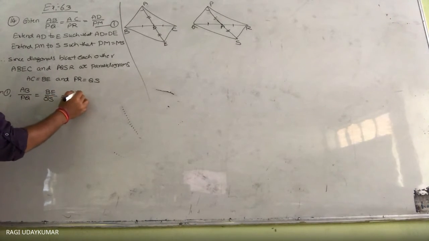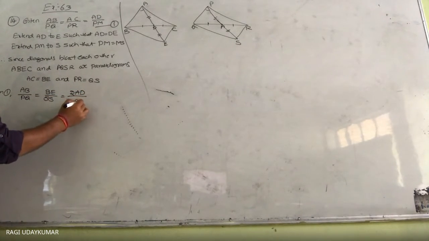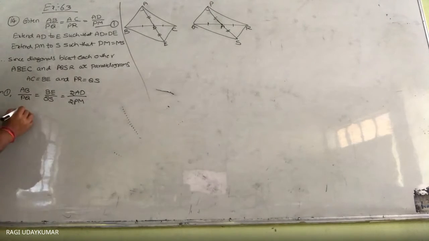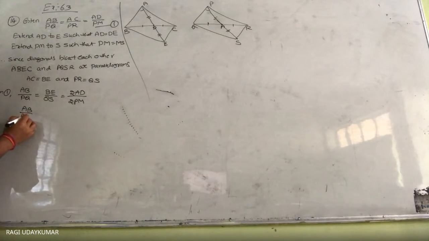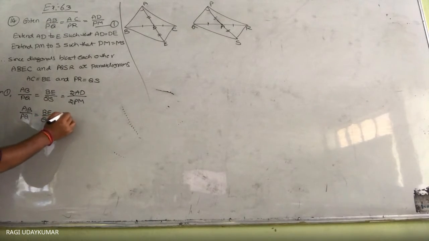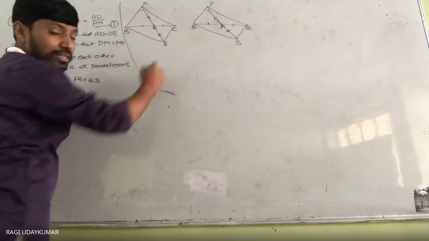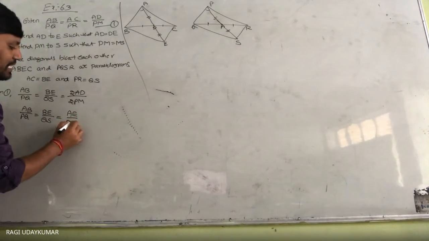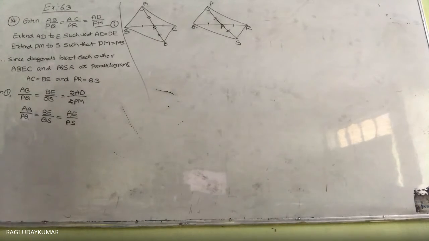And 2 times AD I am taking, 2 times PM I am taking. So now what do you get here? AB by PQ is equal to DE by QS, which is equal to 2 times AD, which is nothing but AE, by PS. AE by PS.